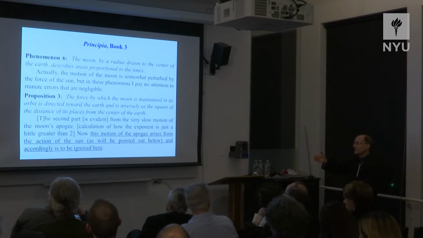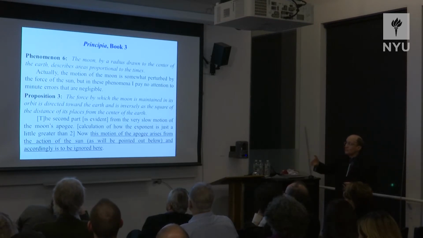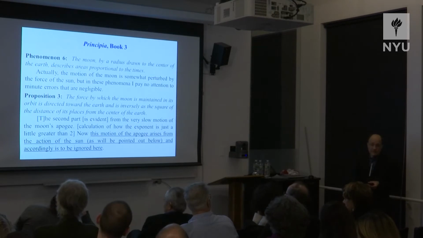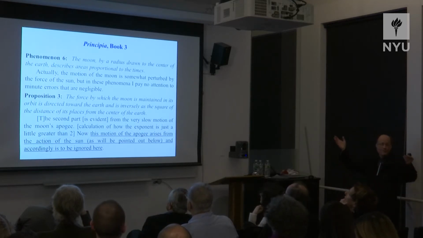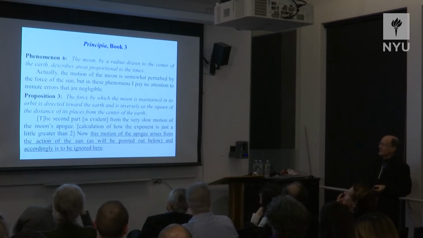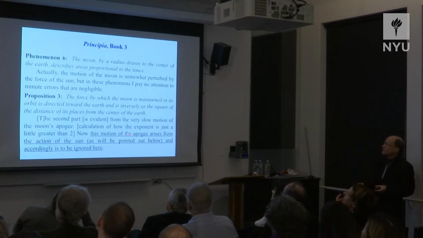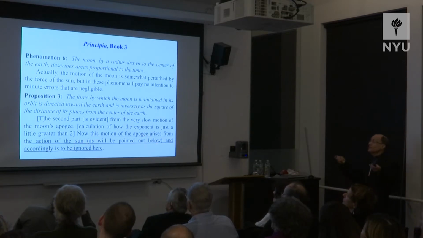And Newton has a theorem that says if it's completely stable, it's exactly r squared. Well, it's not exactly r squared. The exponent is a little bit greater than r squared, and Newton calculates that as like 1 over 254 or some ridiculous thing like that. And then Newton says this motion of the apogee arises from the action of the sun, as will be pointed out below, and accordingly is to be ignored here.